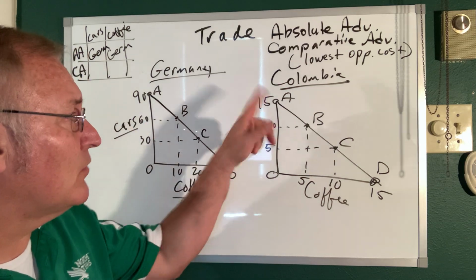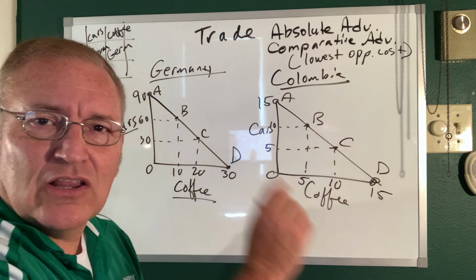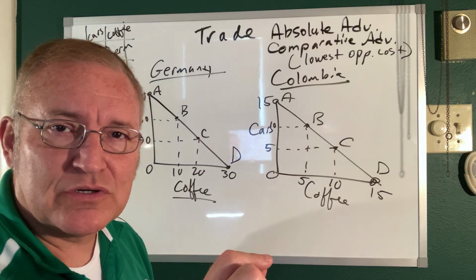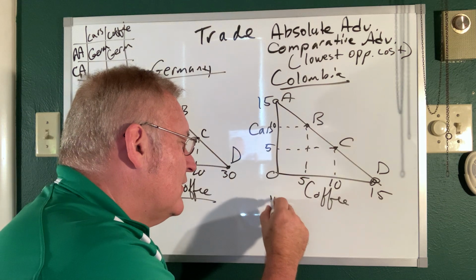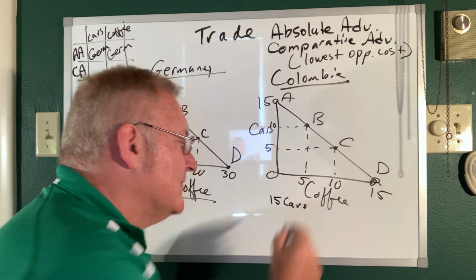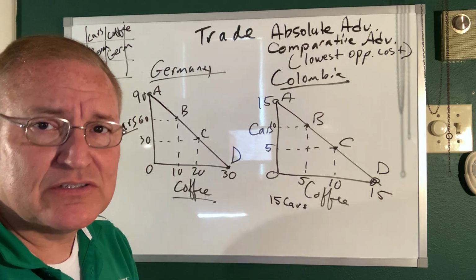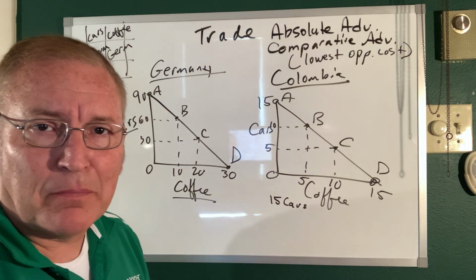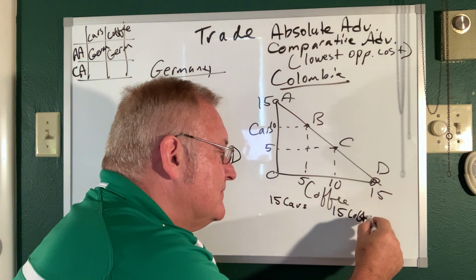But we'll start with Colombia, right? We know in Colombia's case, if they take all of the resources and produce cars, they can produce 15 cars. Or if they take that same finite amount of resources and devote it entirely to the production of coffee, they can make 15 coffees.